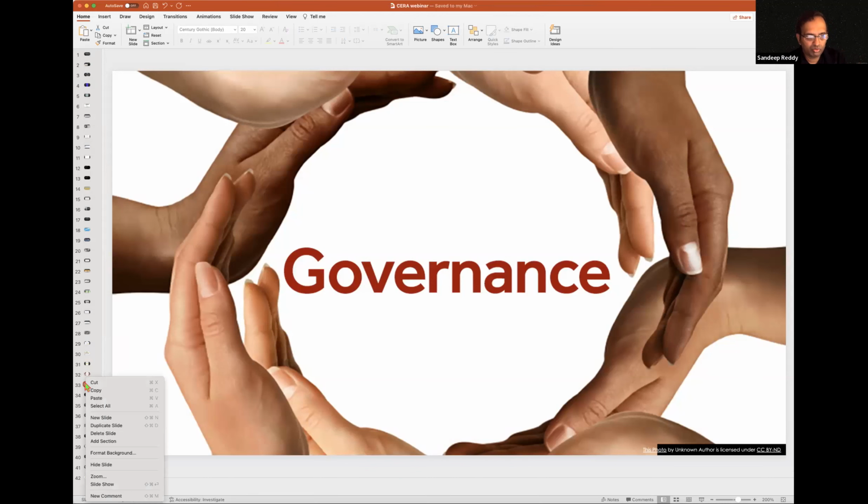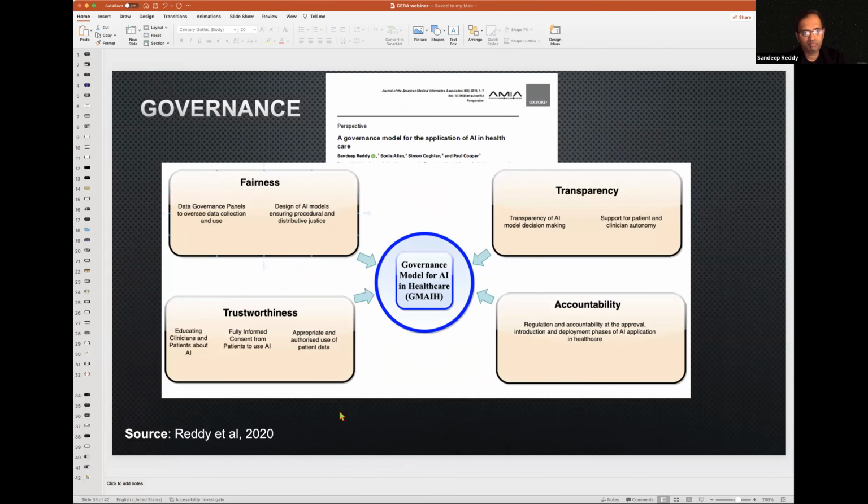Considering that, a couple of years ago, myself and my co-author again published an article discussing a potential governance framework, not just covering the ethical dimensions, but also covering the previously discussed regulatory challenges and medico-legal challenges. And in that particular governance framework, which was published in the Journal of the American Medical Informatics Association, we discussed 4 components: fairness, transparency, trustworthiness, and accountability.